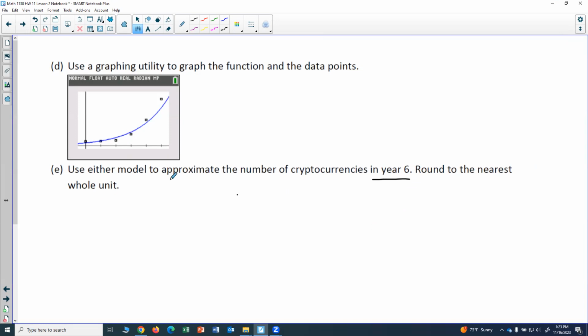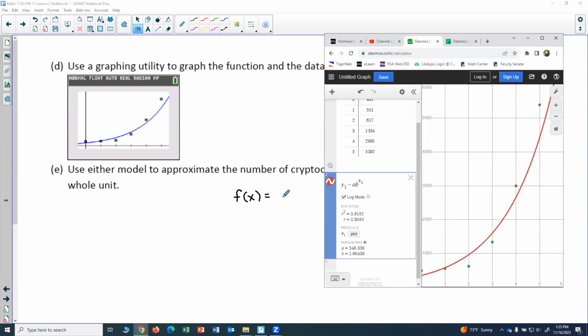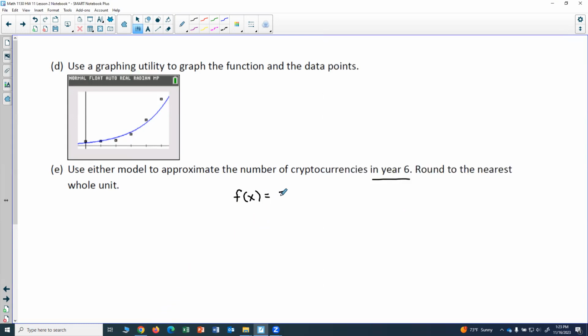So let me rewrite our function here. We had f of x equals 346 times 1.664 to the x.